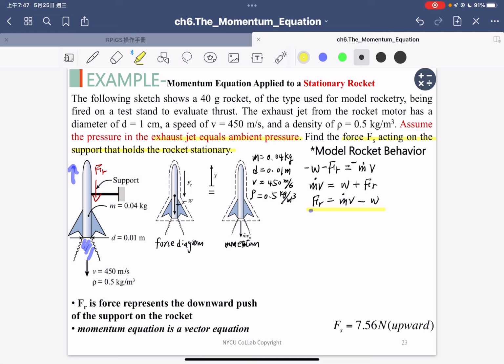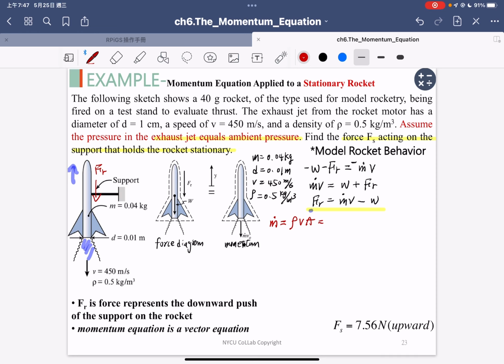We need to find out what the mass rate is, right? The mass rate will equal the density multiplied by the discharge, and the discharge is equal to the velocity v multiplied by the cross-section area A.